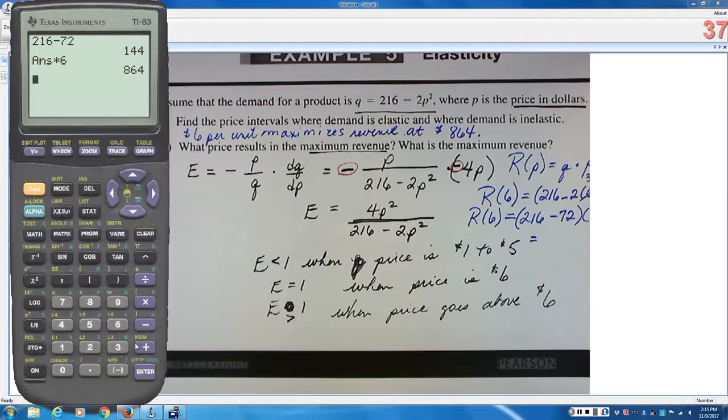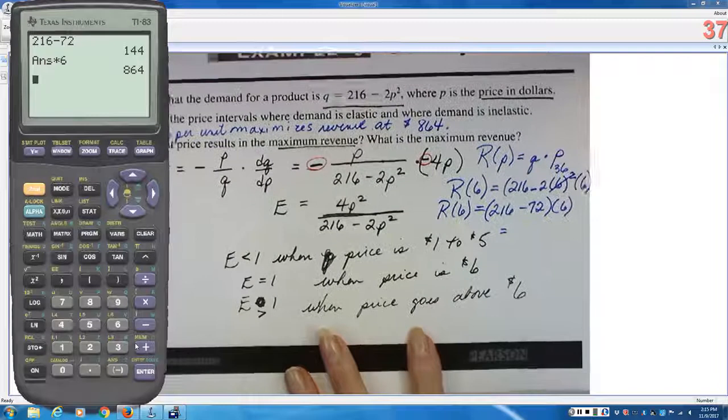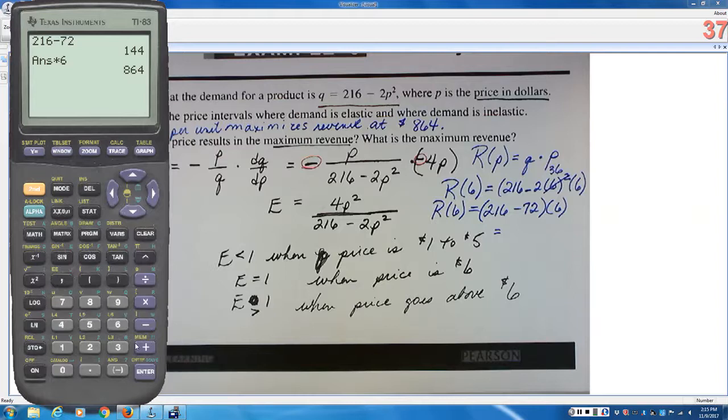Any questions? Yes. Why did we multiply at the end of our estimate?